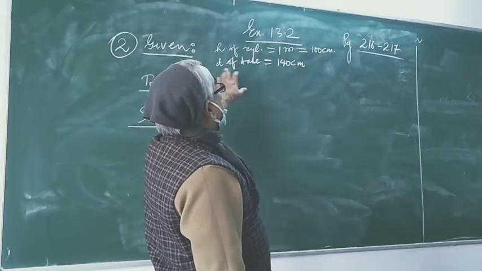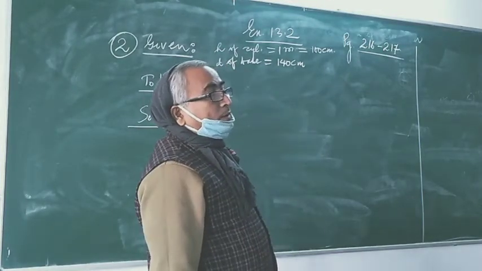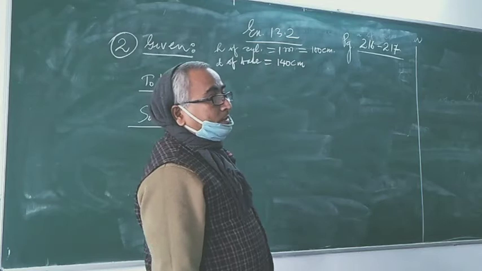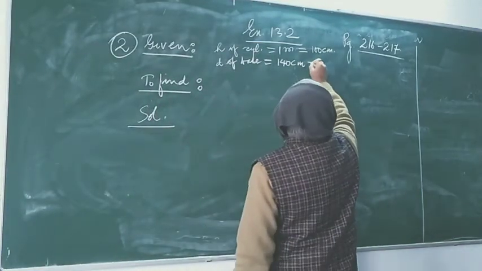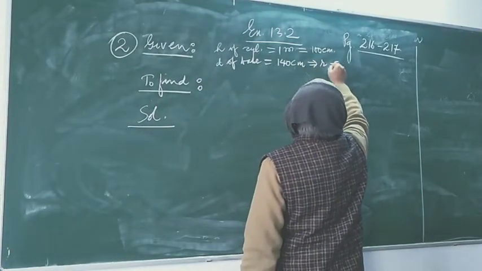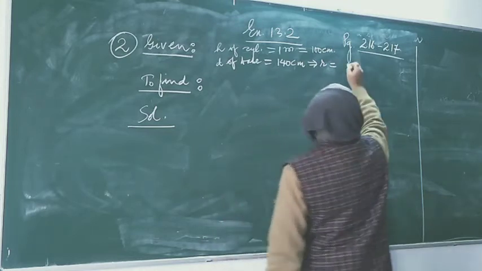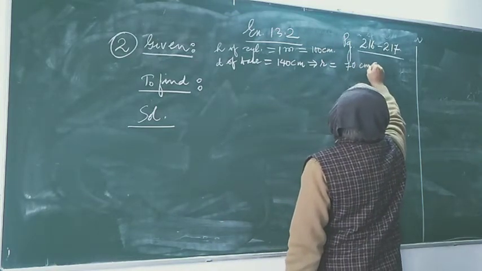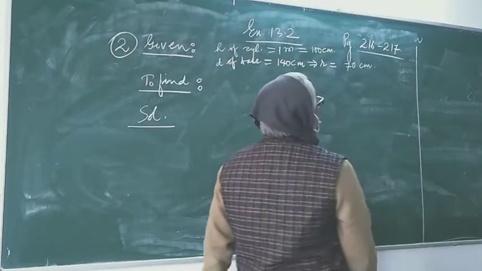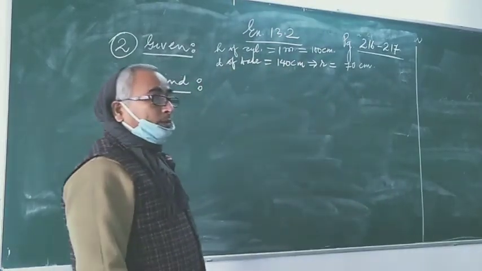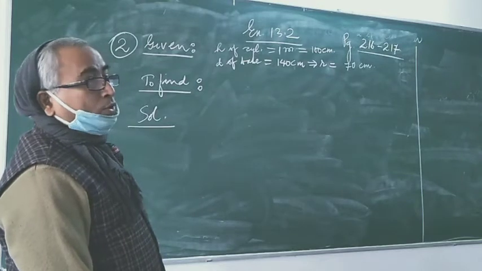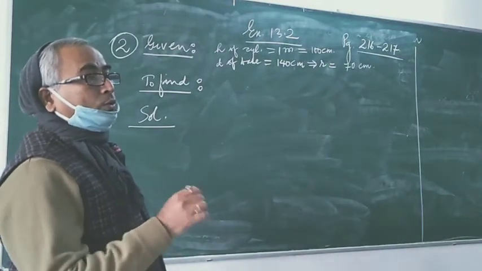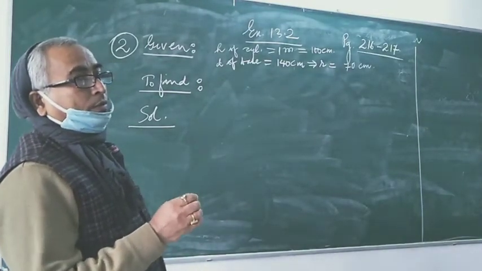Now d is given. On the basis of d, we can find out the radius. This implies r equals half of 140, so that will be 70 centimeter. Now both the units are similar, so we can apply both the values directly into the formula.